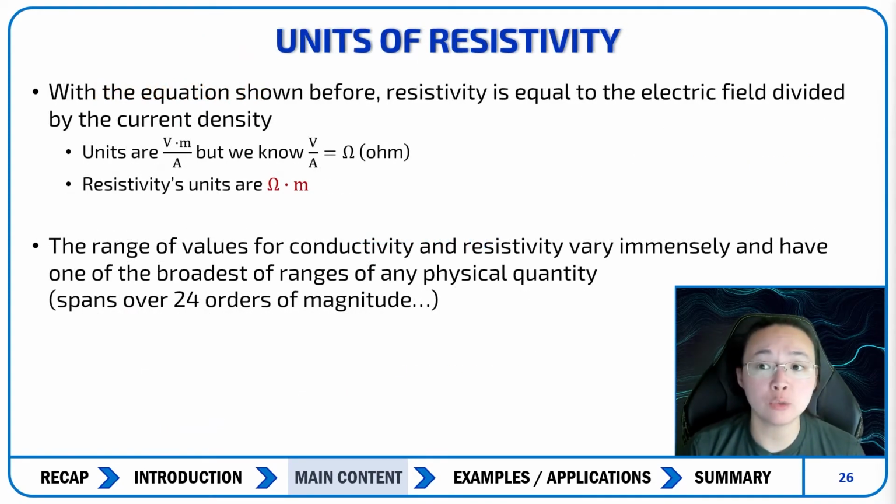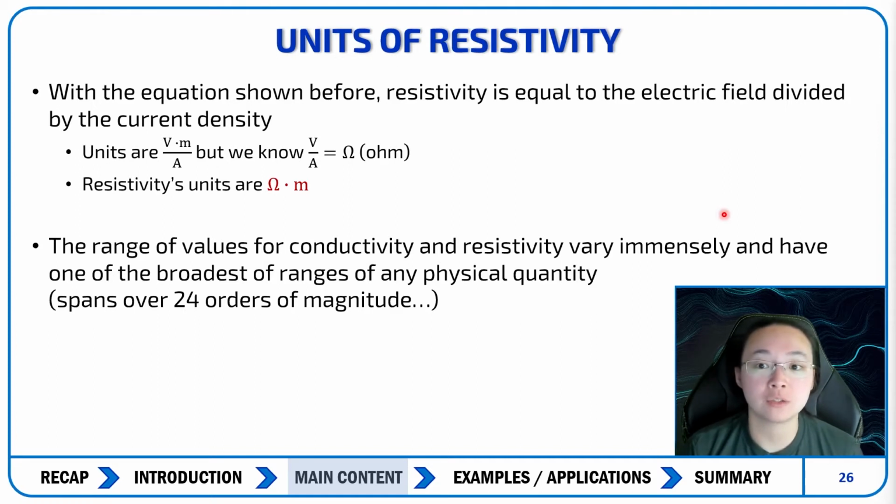So looking at the units of resistivity, they're going to be the inverse of conductivity. With the equation shown before, resistivity is going to be equal to the electric field divided by the current density. So that means the units are going to be volt meters divided by amps, which we know as V over A. And we call that ohm.